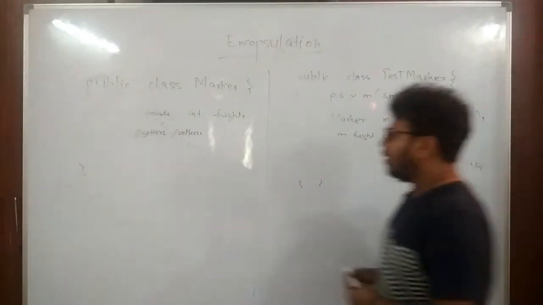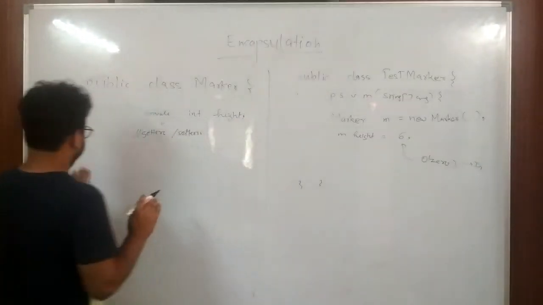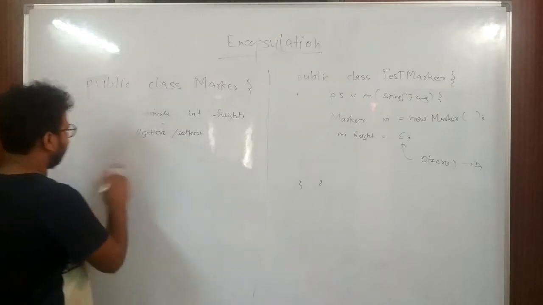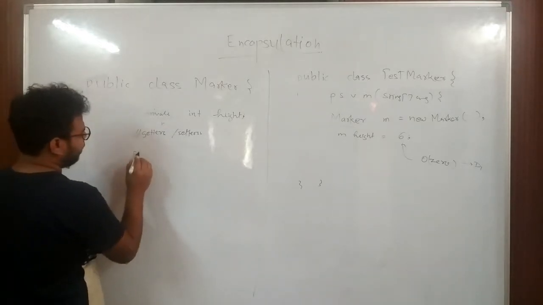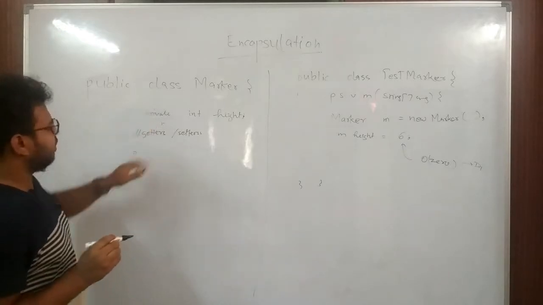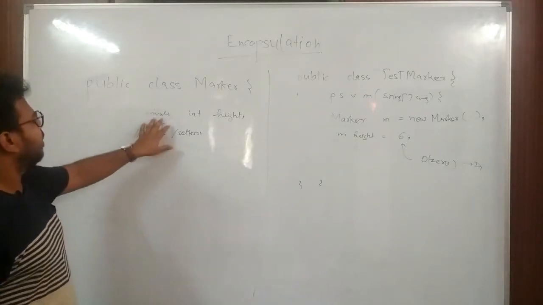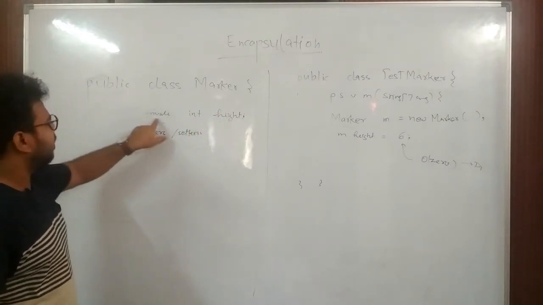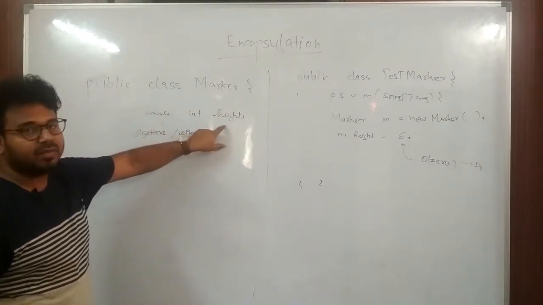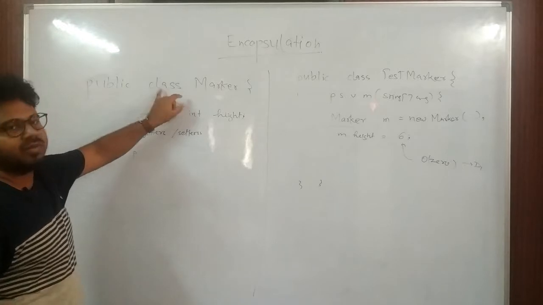Let's see. A setter is nothing, it is simply a method. Since we have made the height private, it will not be accessible beyond this class.